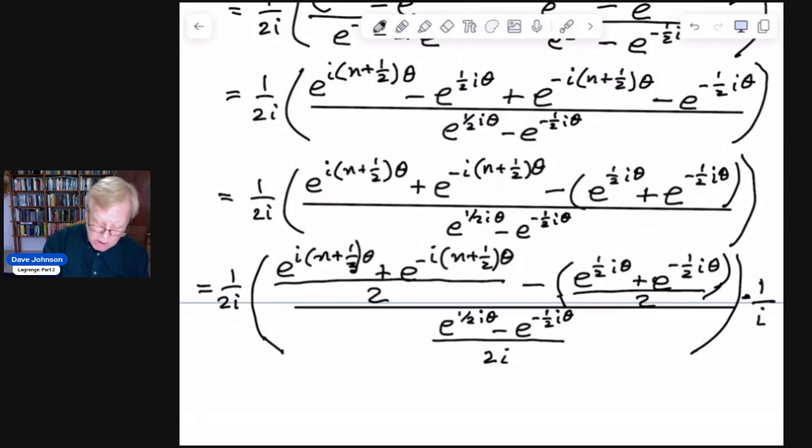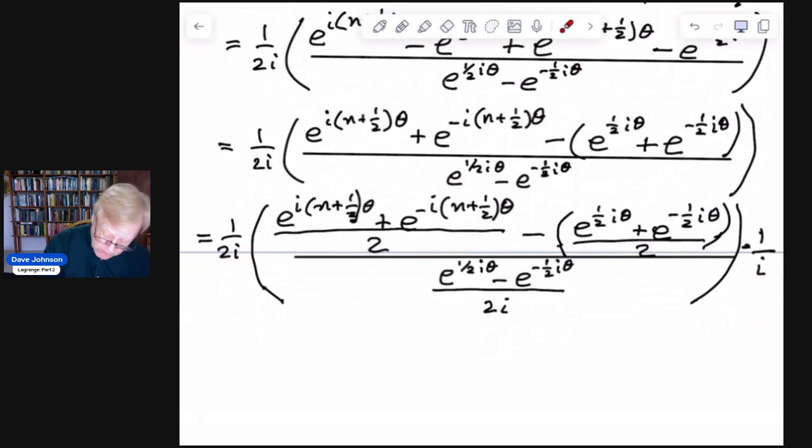Now one more little step is this i times this i is -1. And so basically what has happened is I've introduced a -1 here. And what I can do now is I can just multiply that -1 times this numerator, just change the order. And so this gives 1 over, the i's gone now.